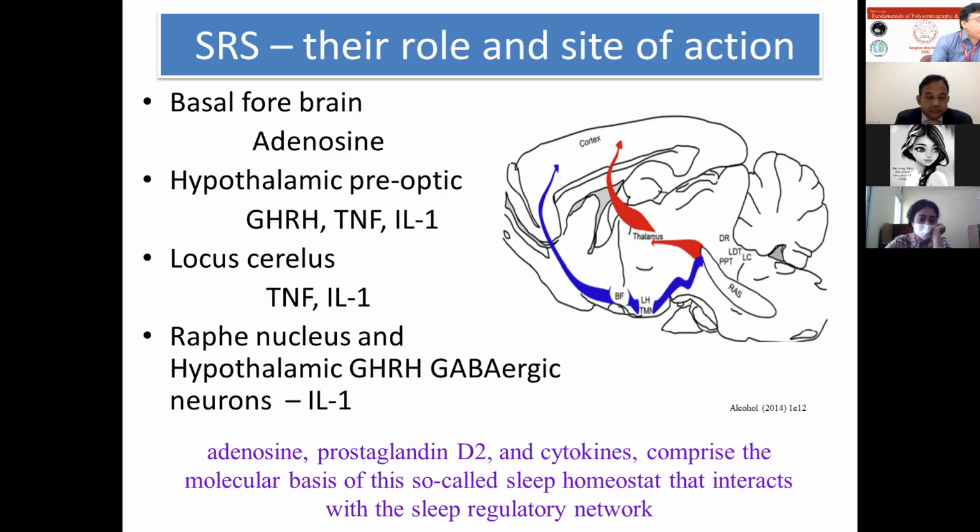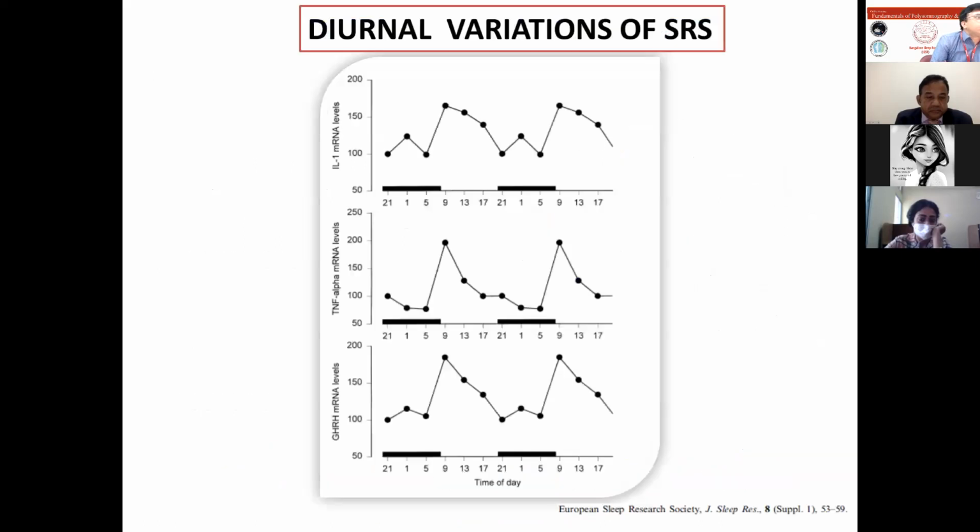The site of action of adenosine will be the basal forebrain. Of all the sleep regulatory substances, adenosine, prostaglandin D2, and cytokines act at the molecular basis of the sleep homeostat, and they interact with the sleep regulatory network.